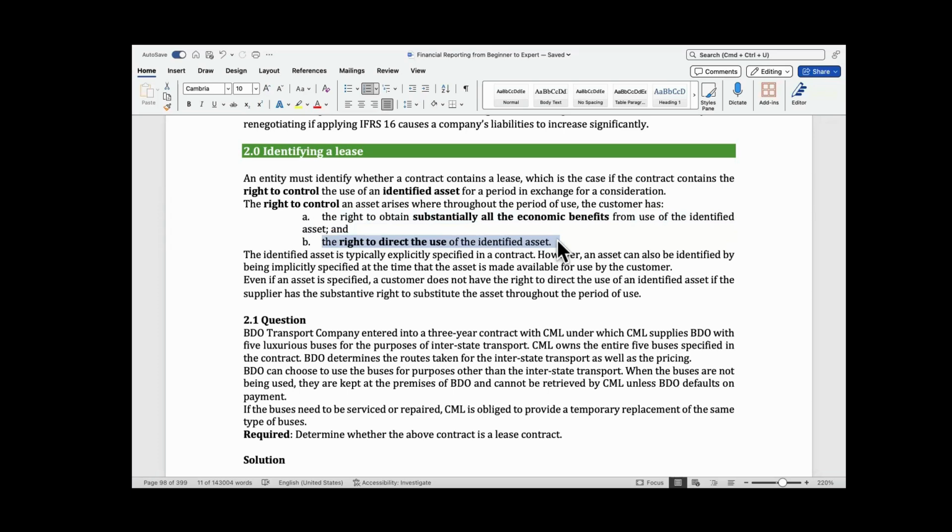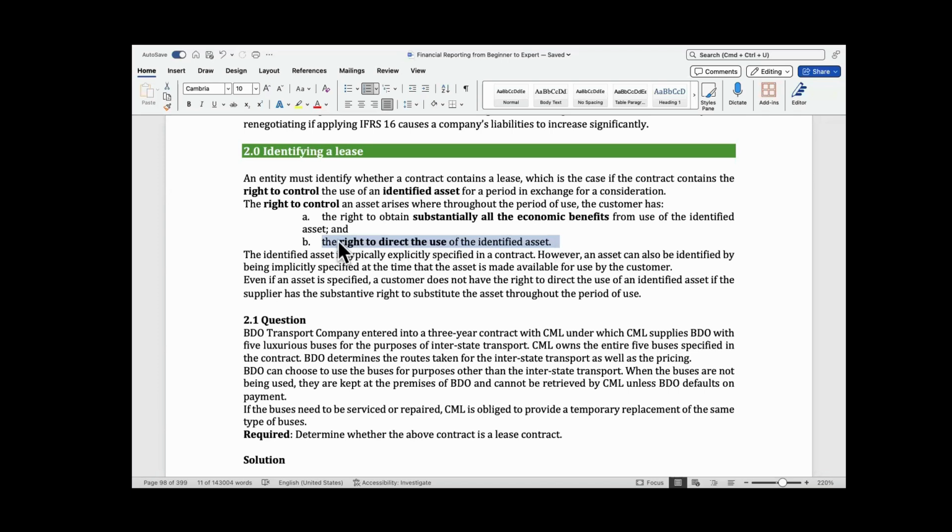Even if ownership can pass, that doesn't affect it. That is a much later event. Right now, the substance is a lease because the lessee has the right to control. He will be the only one using it, so he's obtaining all the economic benefits. The money I've asked him to deliver every day will simply be a lease rental.